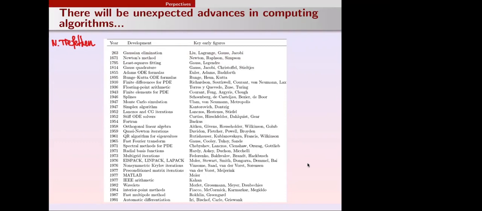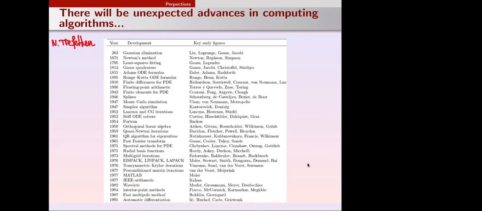physics and mathematics, where you can encounter Newton's law, least squares, Runge-Kutta, finite differences, splines, Monte Carlo, simplex algorithm, Stiefel, fast Fourier transform, spectral methods, multigrid, preconditioned matrix iteration, MATLAB, wavelets, and then finally here, automatic differentiation.